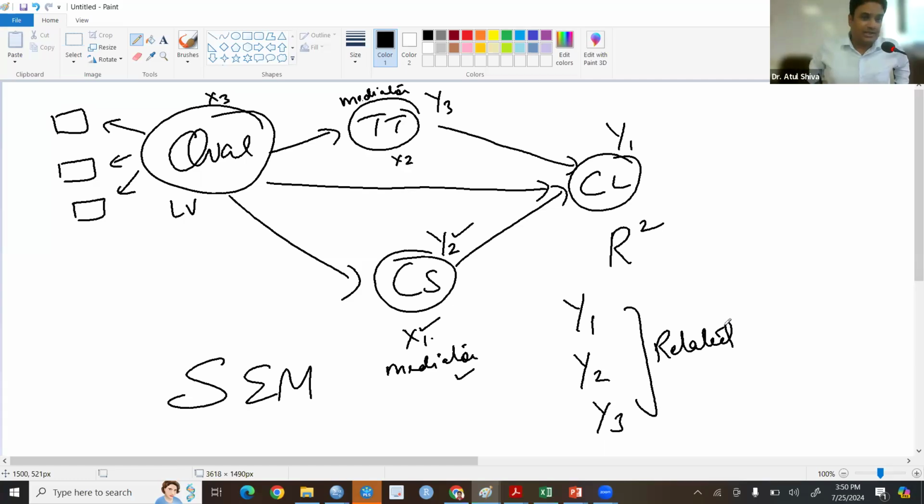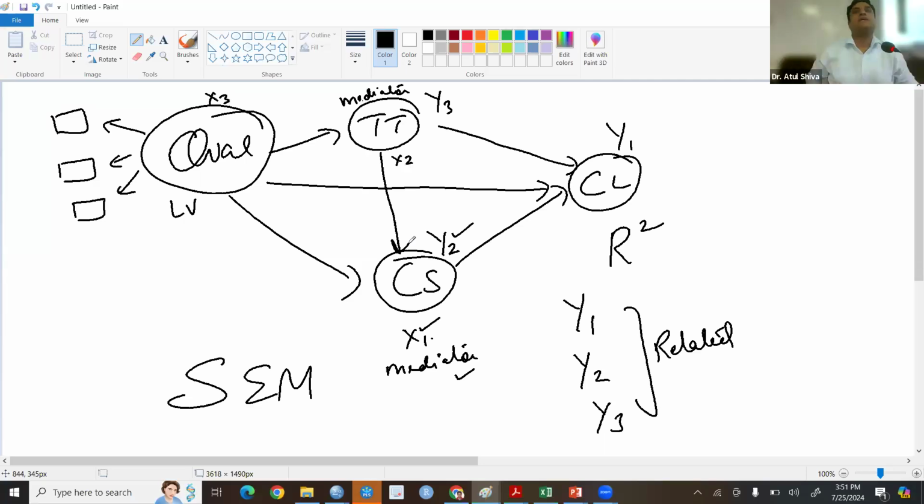Satisfaction is leading to loyalty. Quality is only independent, not dependent. Trust also leads to customer satisfaction. If I have high trust, I will be more satisfied, right?